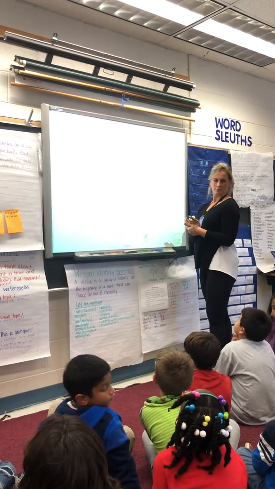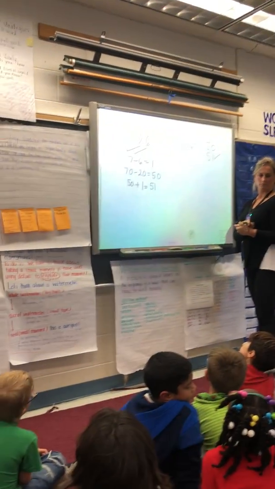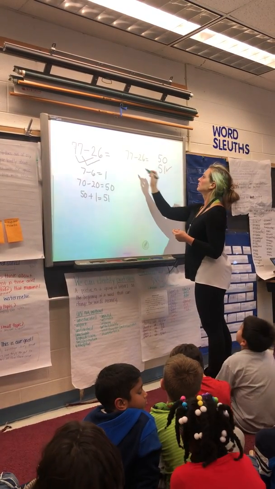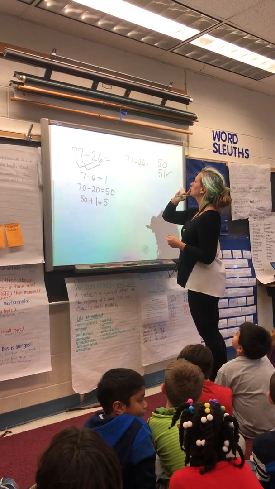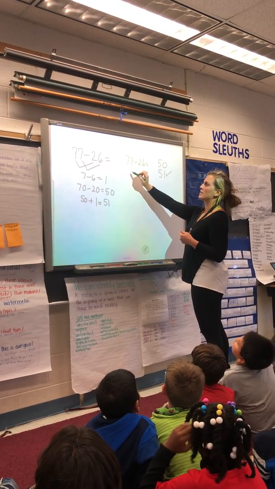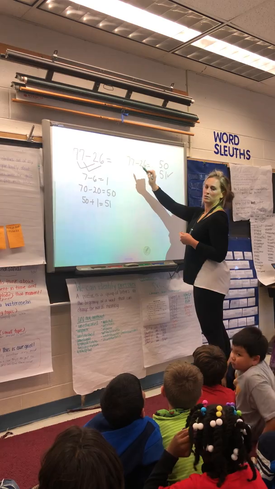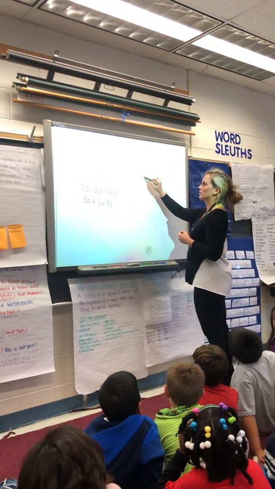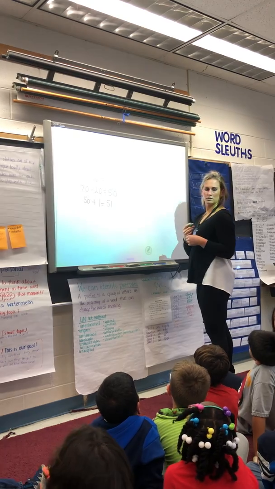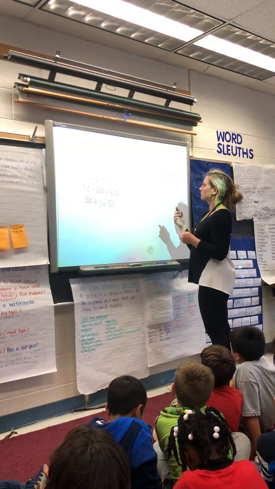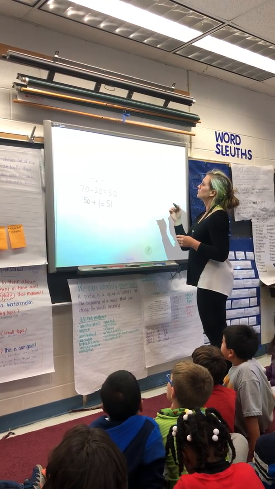I like to use the ones. So I took away 3 from 7, and I know that equals 4. Let me just make sure I'm understanding you. You're taking 3 away from the 7? I'm using ones, and then I take away 2, and so that equals 4. So that means 7 take away 2 would equal 5.